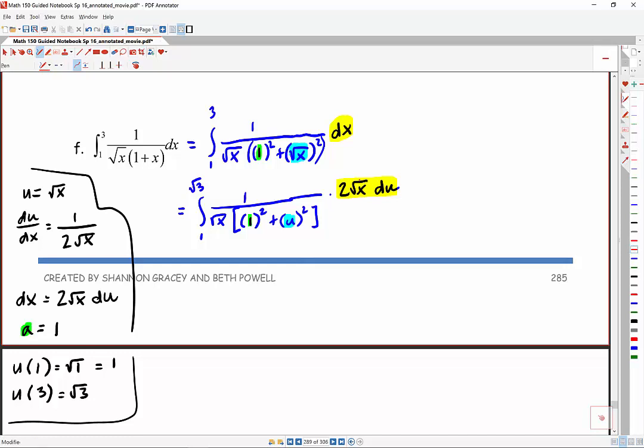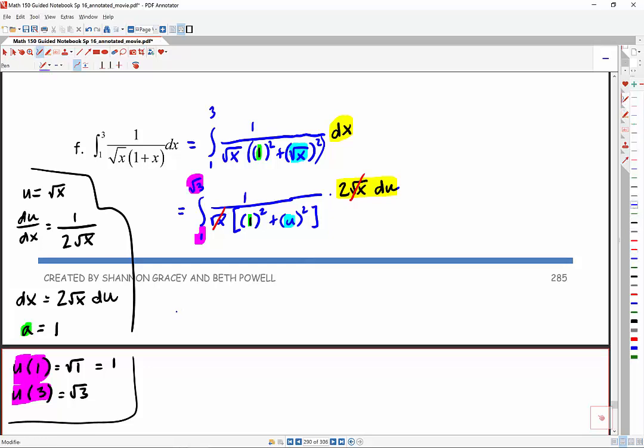Do you see that the root x's divide out? And remember that our limits of integration we got by evaluating the limits for x in terms of what we let u equal to. Okay, so here we go.